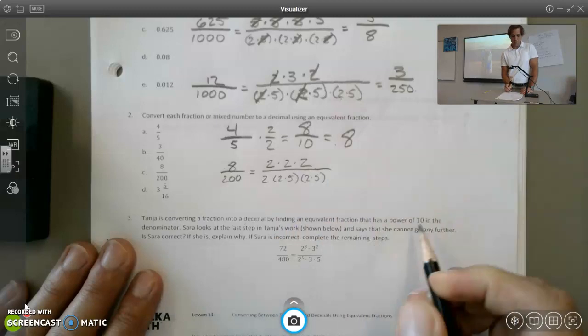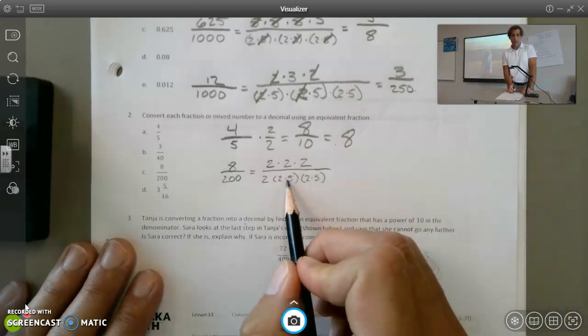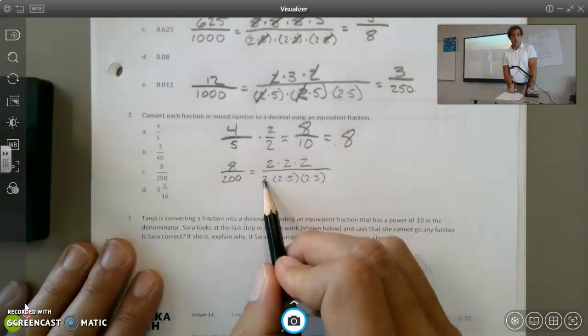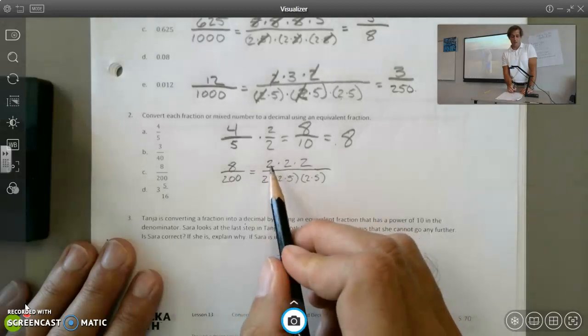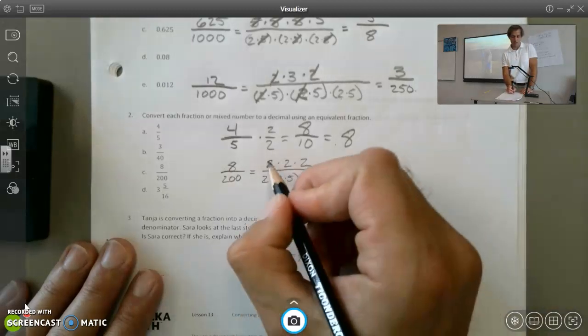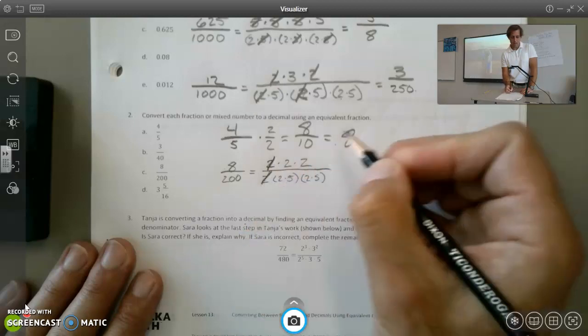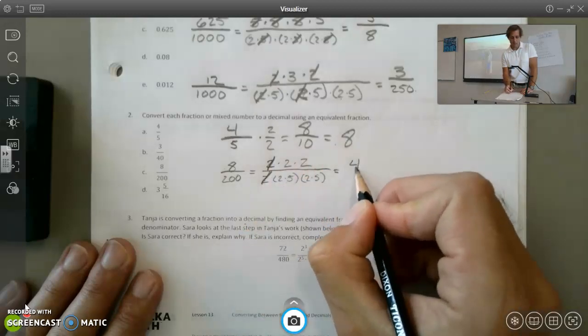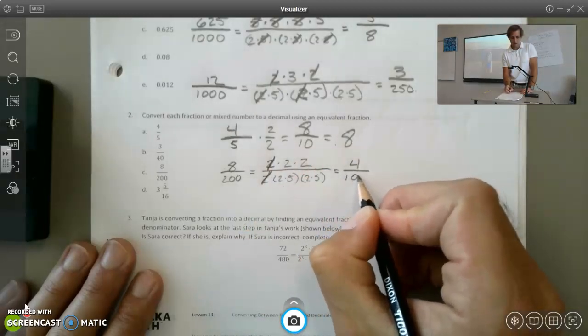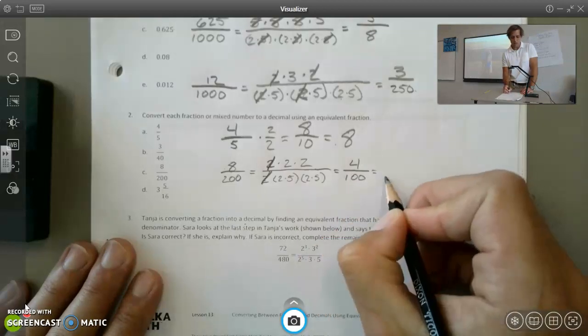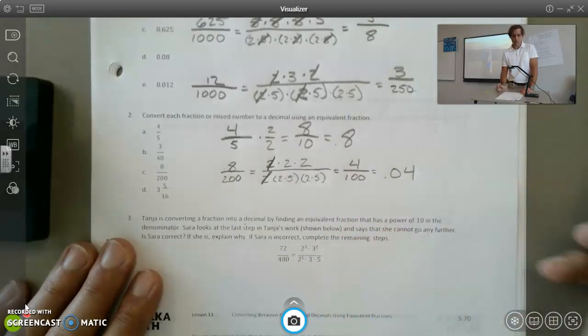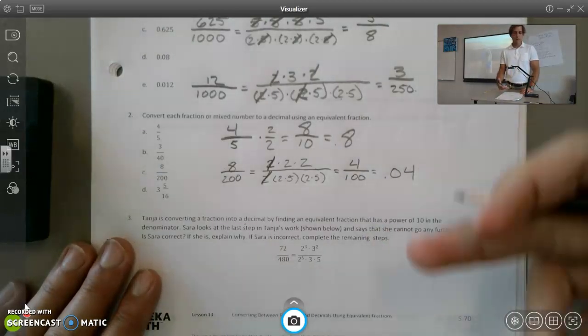Where is this coming from? 10 times 10 is 100, times 2 is 200, correct? And 2 times 2 times 2 is 8. These factors would cancel, and I would get 4 over 100, which is equal to 4/100ths. Good deal.